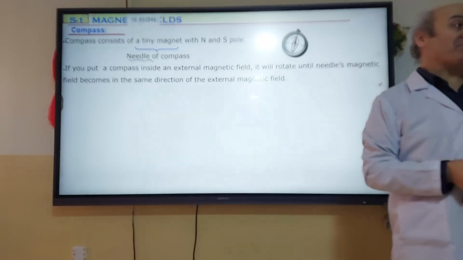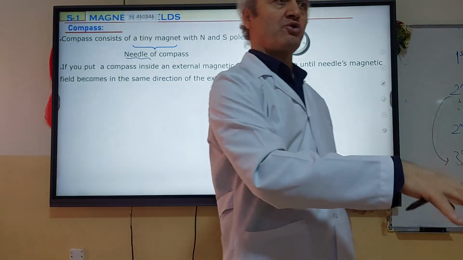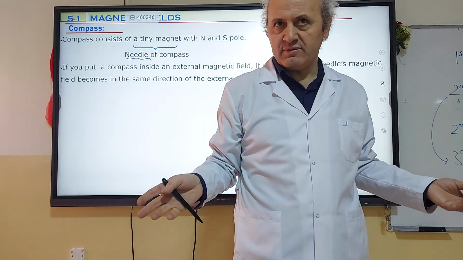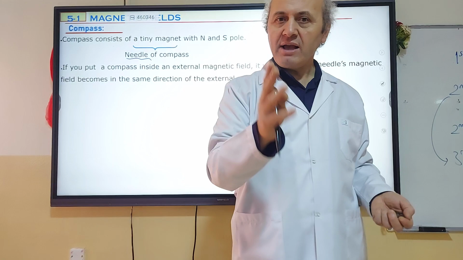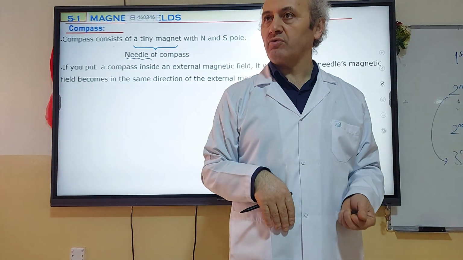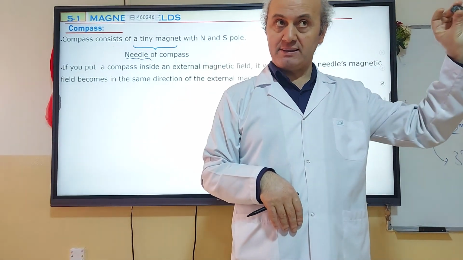Say I want to know, in this classroom, the direction of Earth's magnetic field. Yes, Earth has a magnetic field, but in my seat, in my position, in which direction is the magnetic field of the Earth? If I want to know, I am going to use a compass.